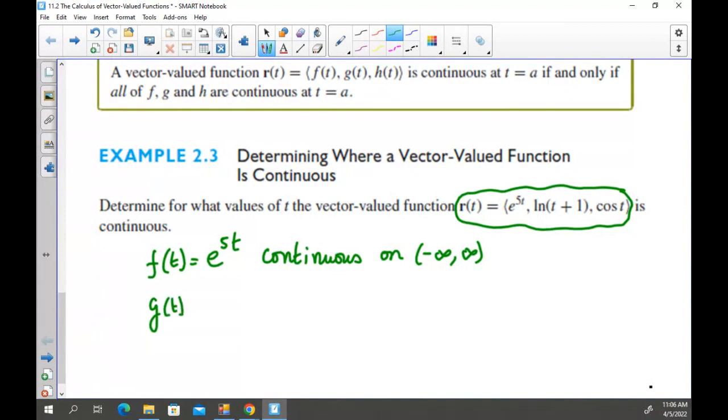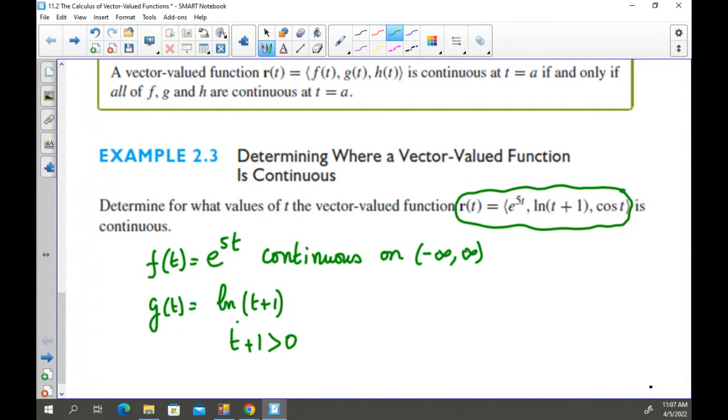The second function, ln of t plus 1. What can you say about this function? Where is it continuous? For a ln function, the t plus 1 must be greater than 0. You must have that.